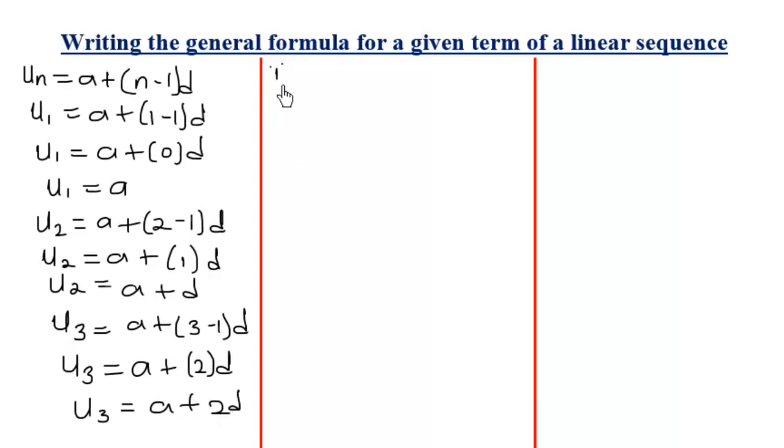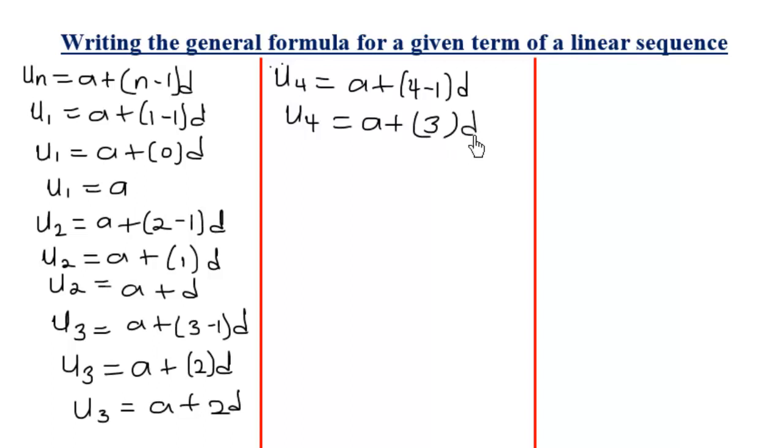So the fourth term, u4, equals a plus 4 minus 1 times d. u4, the fourth term, is a plus, 4 minus 1 gives us 3 multiplying d. The fourth term equals a plus 3 times d, which gives us 3d.